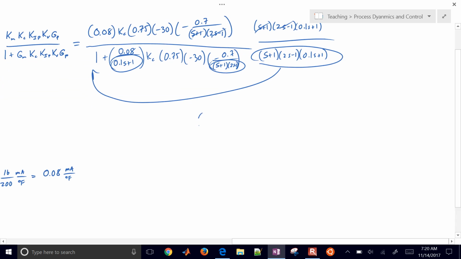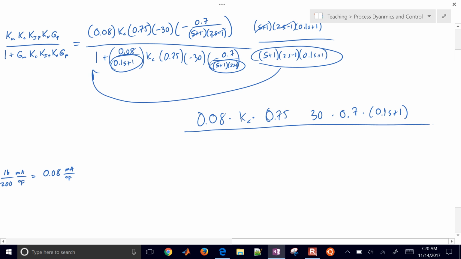So I'll have 0.08 times Kc times 0.75 times -30, times another negative there that'll cancel this one, 0.7, and then times 0.1 s plus 1.